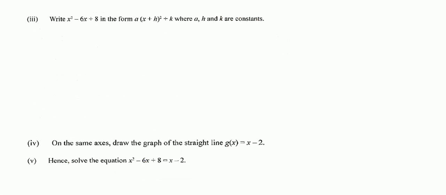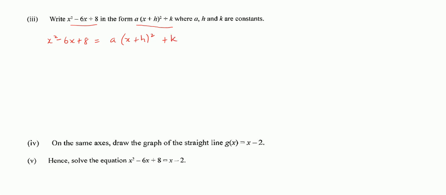Next part now. They said x squared minus 6x plus 8 is being written in the form a, open brackets, x plus h, all squared, plus k. So this is how we do this. x squared minus 6x plus 8 is equal to a, open bracket, x plus h, squared, plus k.